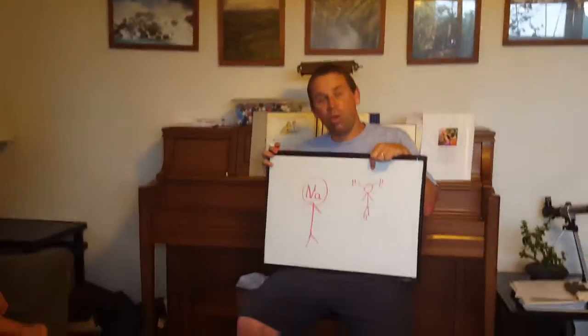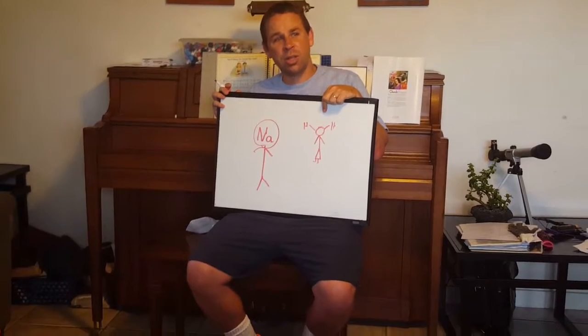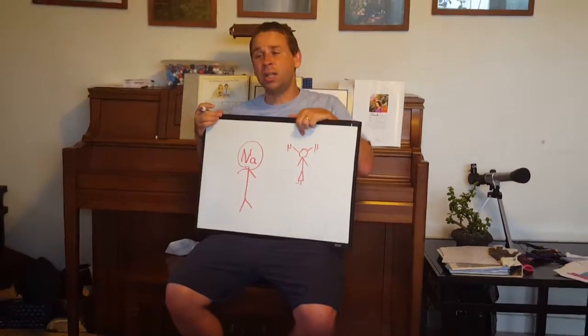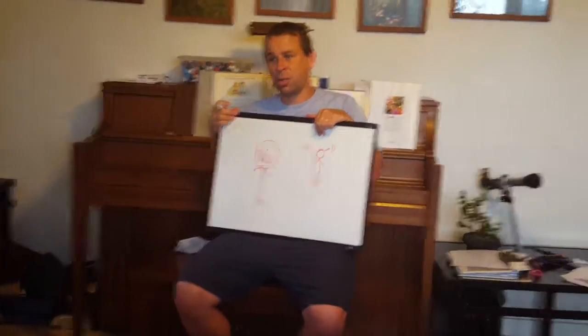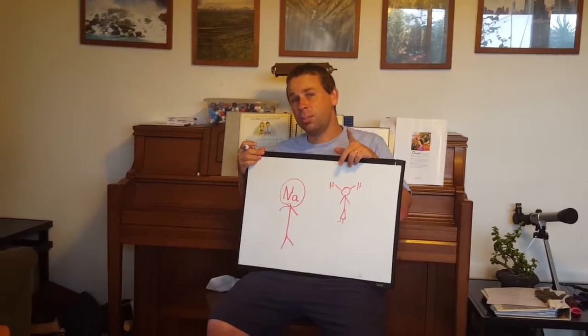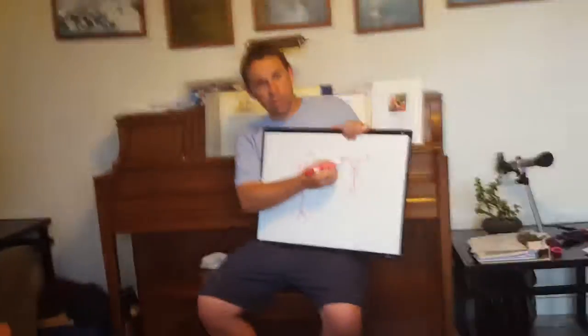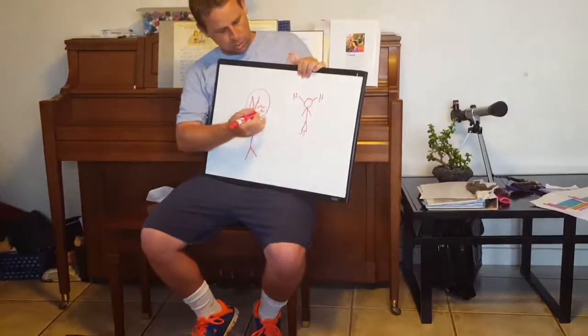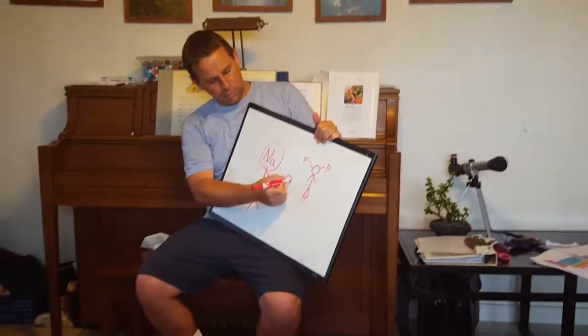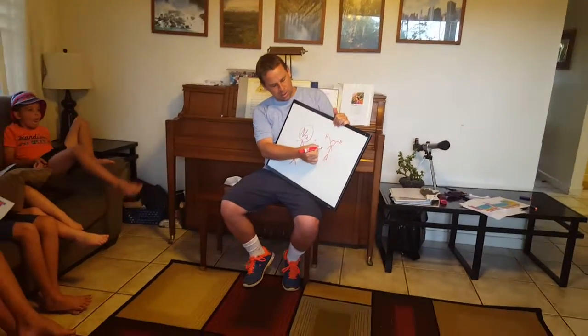Now water said, oh, I understand your situation. I don't need any electrons or protons. I'm all happy, but I could help you out. So sodium said, okay. What happens is sodium finds 2 friendly water molecules like this.